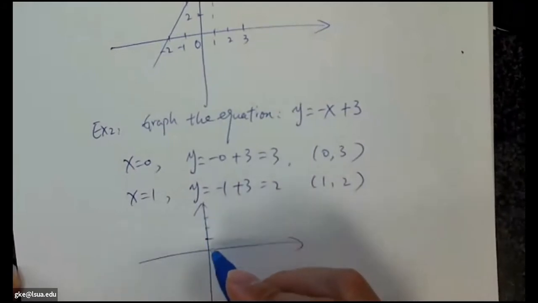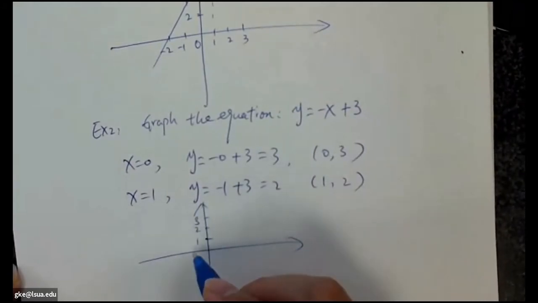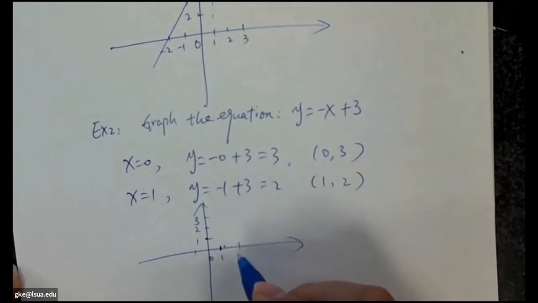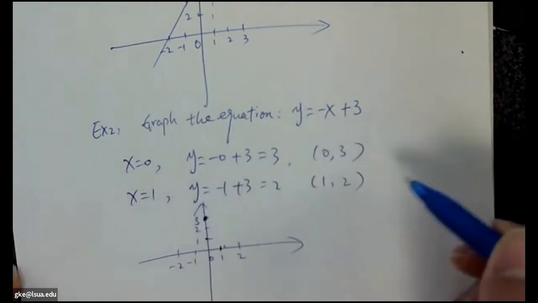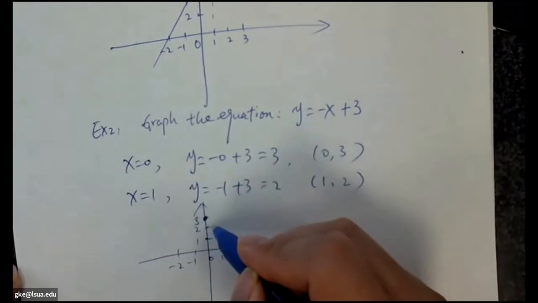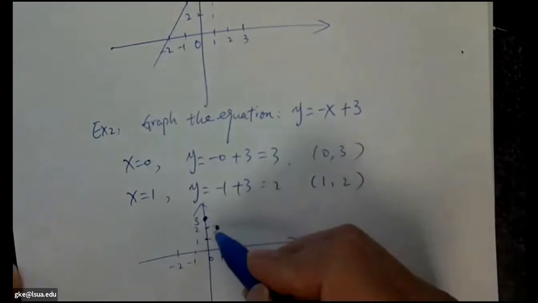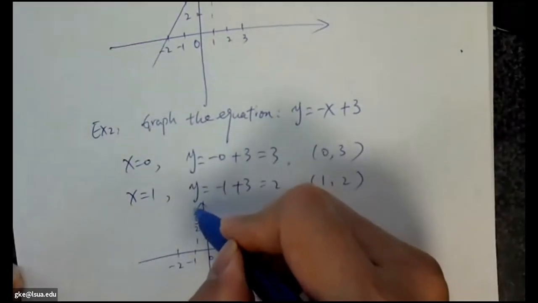1, 2, 3. So 0, 3, 1, 2. Right? And then you're going to get this line.